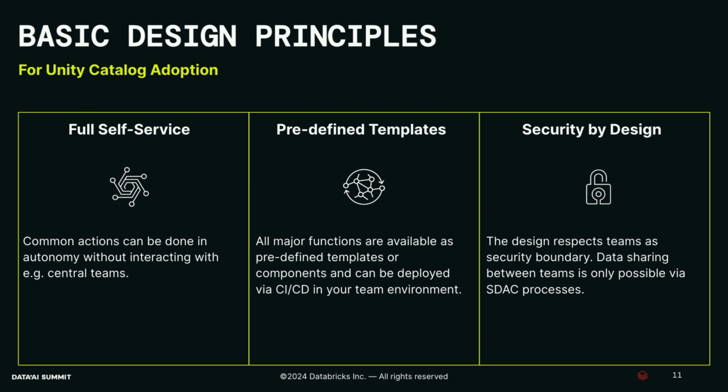So all the major functions are available as ready-to-be-used components, and they can be deployed via CI/CD, so that users, if there is not a problem, can just go to Unity Catalog in a few minutes, without asking anyone or whatever.